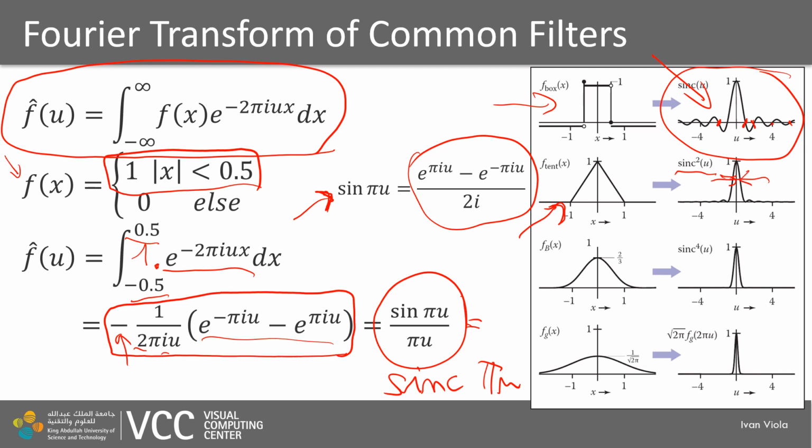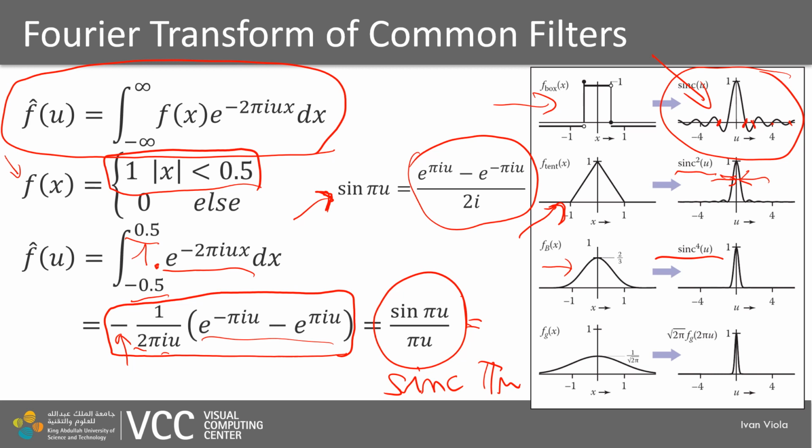Its frequency domain response is not so extensive, it doesn't have infinite support, or it does have, but it's a much smaller contribution for higher frequencies. Even more so, that holds for the cubic B-spline filter, which results in the sinc to the power of 4 function.